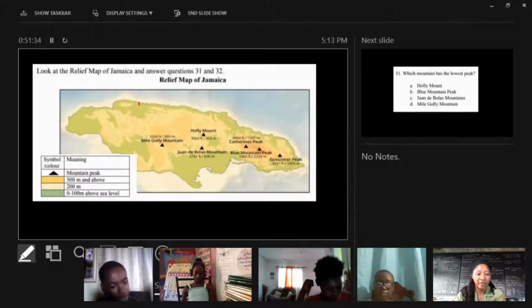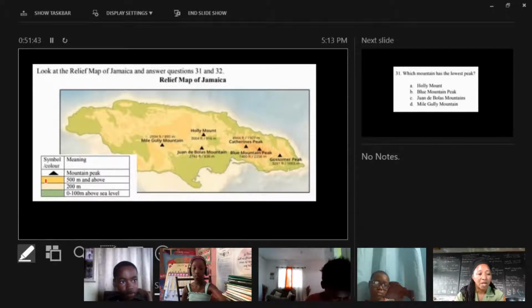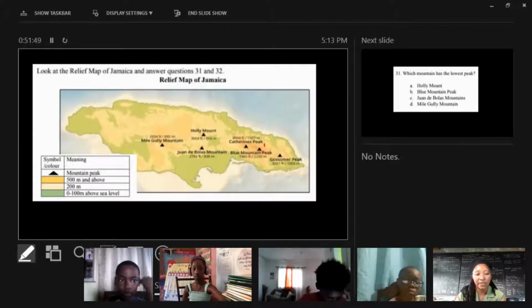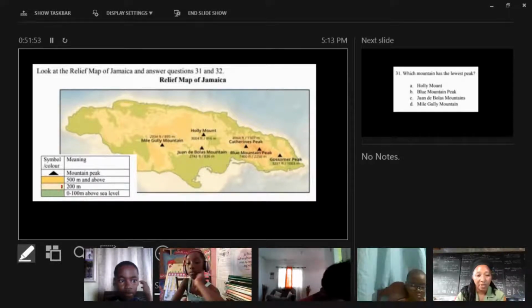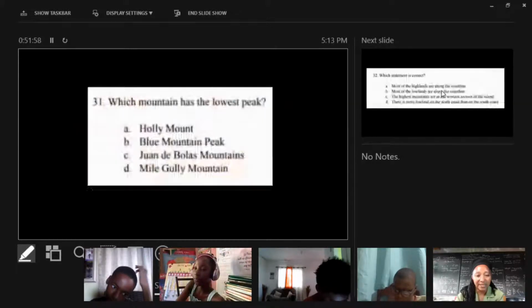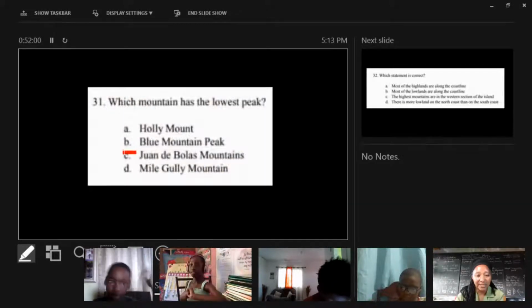So what you'll be looking for is the actual measurement in meters to make the comparison, or looking at the colors, so you'll be able to see more closely which of these mountains has the green.